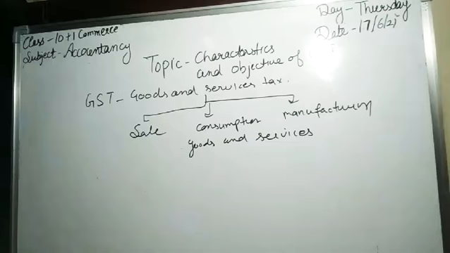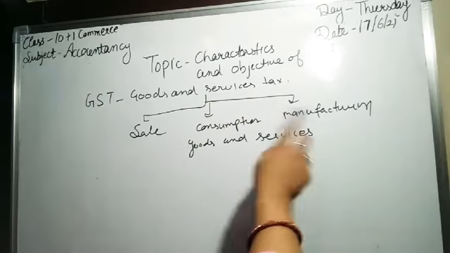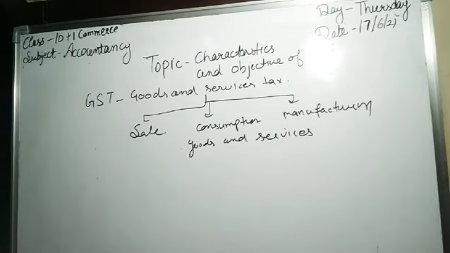So this is the meaning of goods and services tax. It is not paid directly, it is paid indirectly through the seller. Now the characteristics.